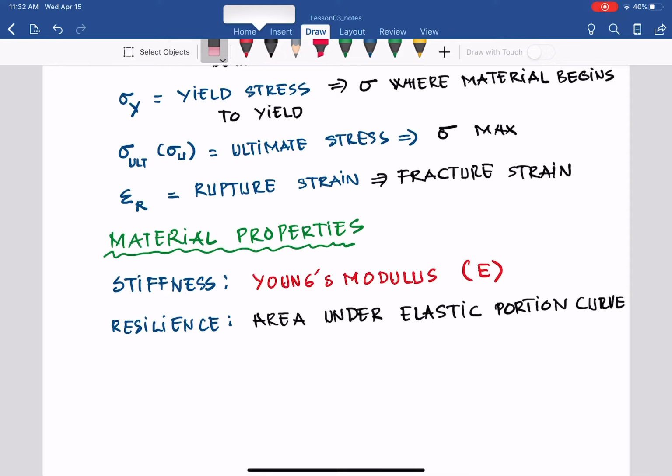And then we measure how tough it is. To measure the toughness, we measure the area under the entire curve.